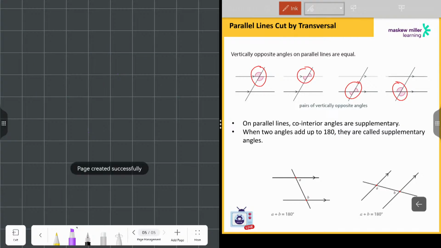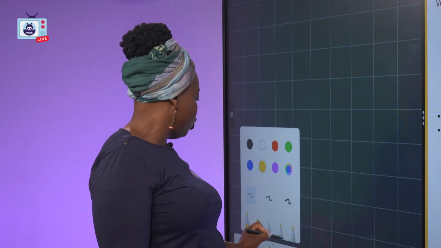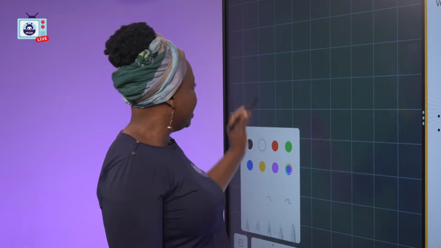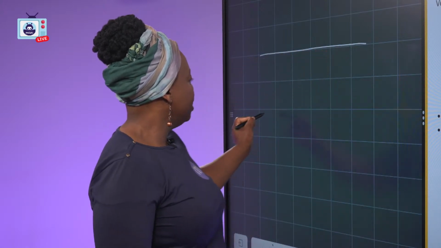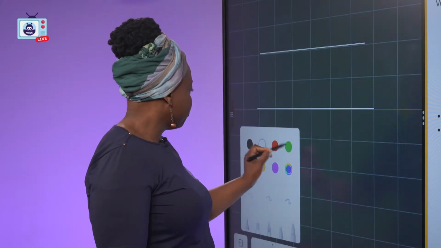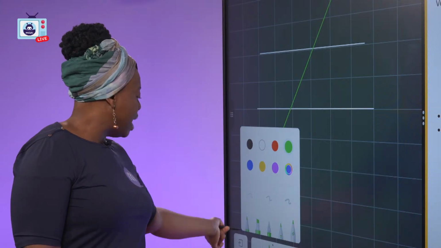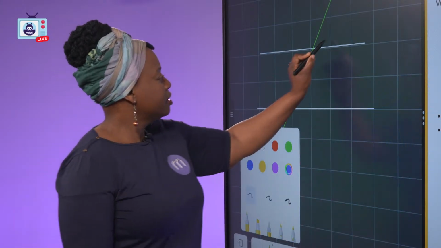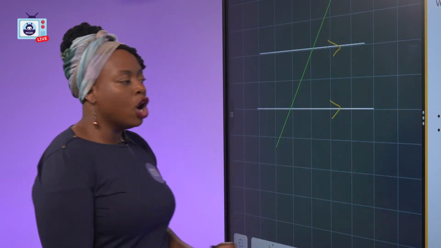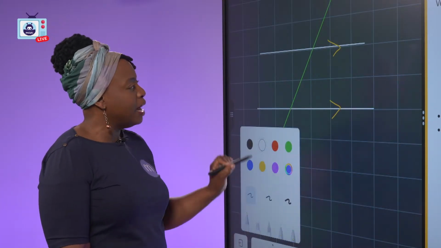In this case, a co-interior angle, if we have two lines, let me draw them for you. If we have two lines like this as well, and then I have my transversal line like that, and I'm given that these are parallel lines. That is the only time I can say they are equal, remember, is if I'm given parallel lines.